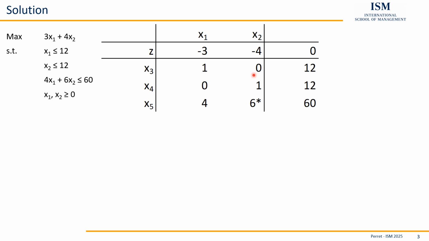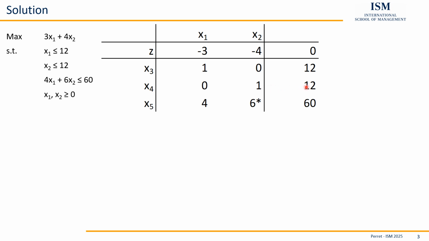In the pivot column, I take a look at these values here, and in particular at those values where I have non-negative values which are not 0, so positive values. So this 0 does not qualify, but the 1 and the 6 do qualify. So those two could theoretically be pivot rows. Then I do the following calculation.